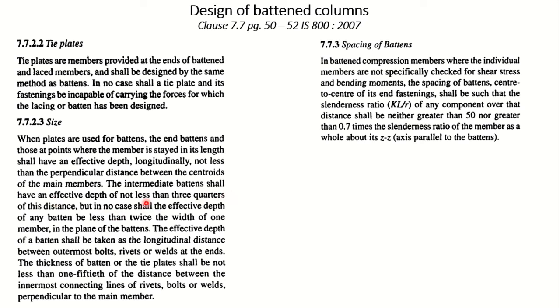The intermediate batten shall have an effective depth not less than 3/4 of this distance, and then there is the effective depth of end battens.